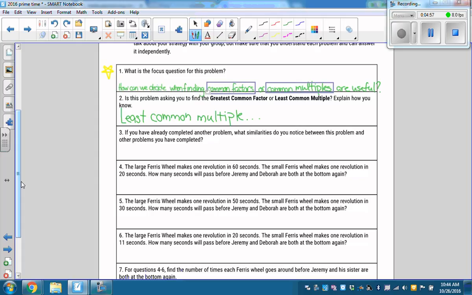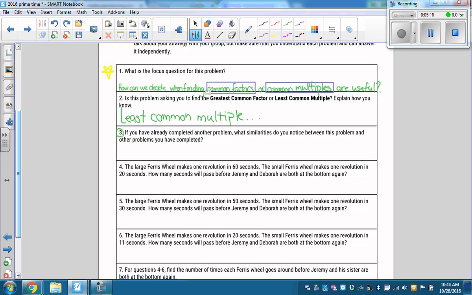So for right now, we're gonna skip over 3 because we haven't completed too many problems in context until today. But we're really gonna look at question 4 so you can get a good start on your homework and then come back and finish the Ferris wheel problem tomorrow.